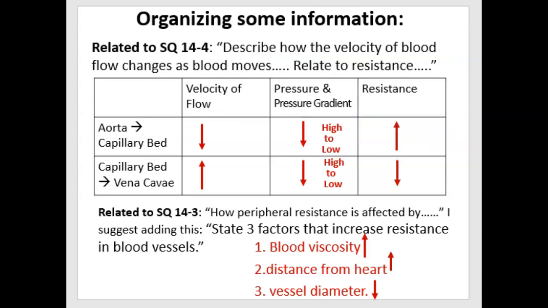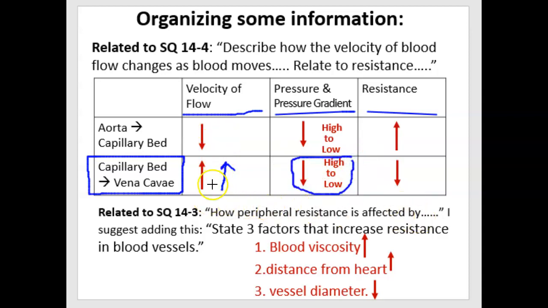Then I take the circulatory system, all the same three factors, and consider blood flow from the capillary bed to the vena cava or back to the heart. We know that it speeds up. And first of all, it's moving at all because there's still a pressure gradient from high to low.